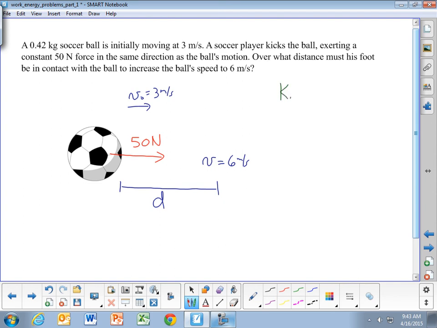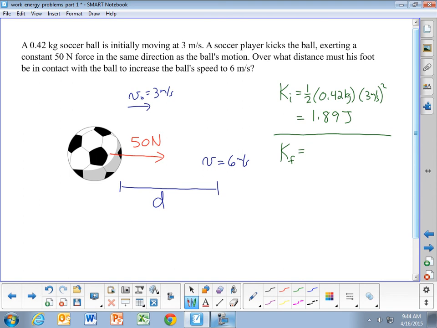So I can find the kinetic energy that it starts with. It's 1/2 times the mass times the initial speed squared. So that initial kinetic energy is 1.89 joules. I also know what the speed is at the end.